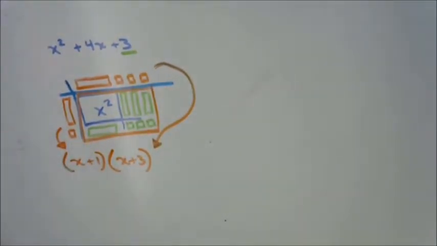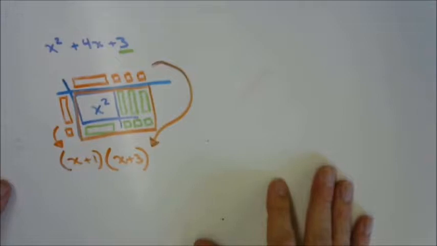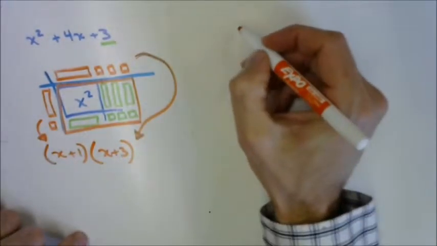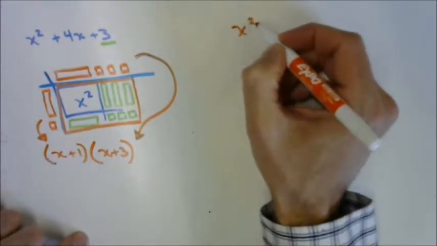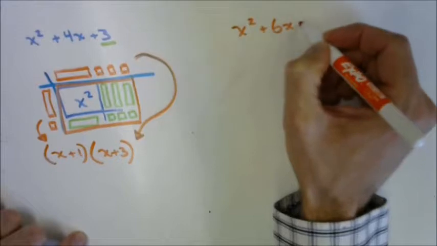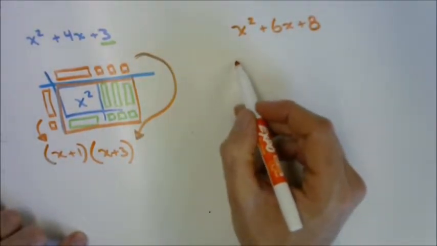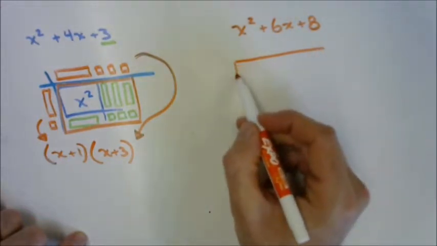Let's try another one, but instead of using algebra tiles, we'll just draw a simple grid. Okay? So in our second example, we're going to do x squared plus 6x plus 8. And we're going to draw it as a box.